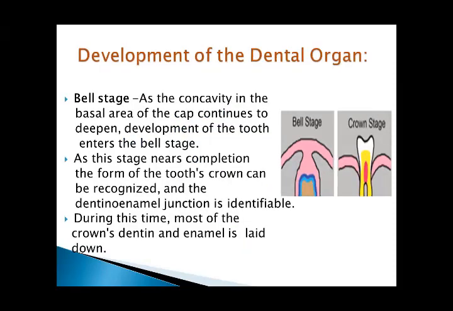As the concavity in the basal area of the cap continues to deepen, development of the tooth enters the bell stage. As this stage nears completion, the form of the tooth's crown can be recognized and the dentinoenamel junction is identifiable. During this time, most of the crown's dentine and enamel is laid down.